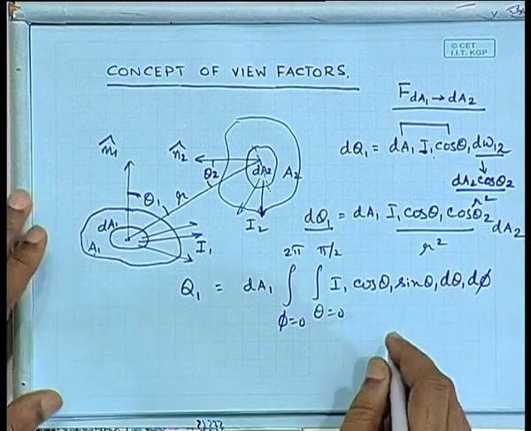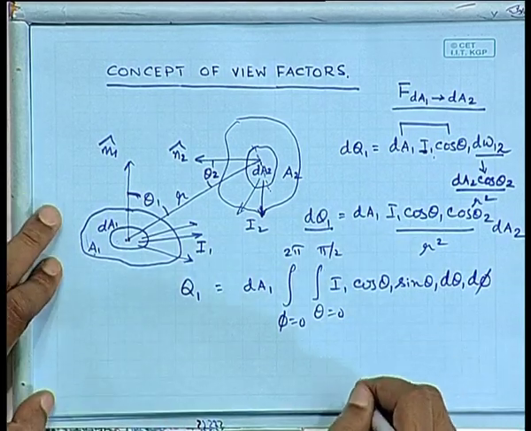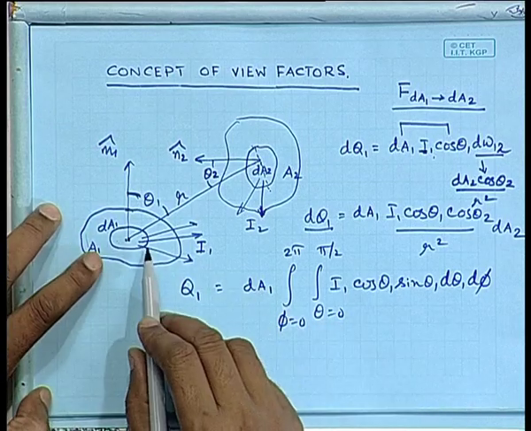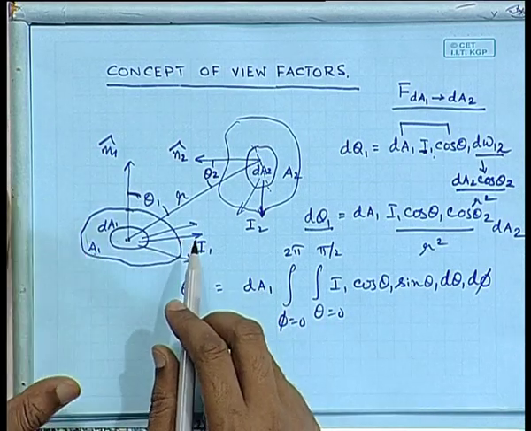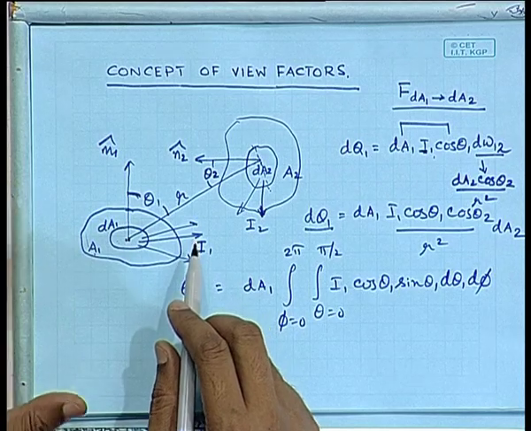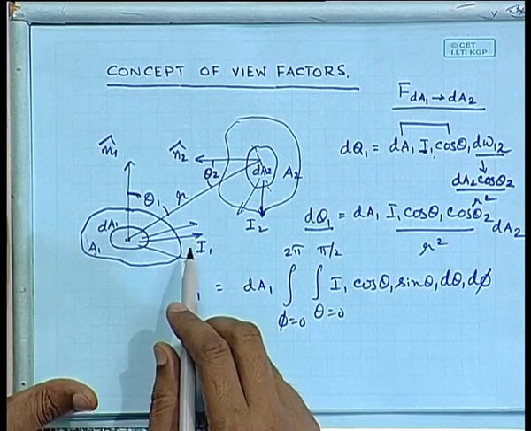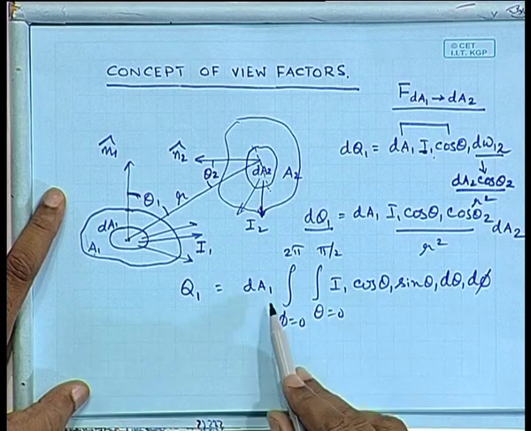This we have seen before. Now, I said that both these surfaces are diffuse reflectors and diffuse emitters. So, if it is a diffuse emitter, can any simplification be done about this expression, that q1 is this integration multiplied by dA1?